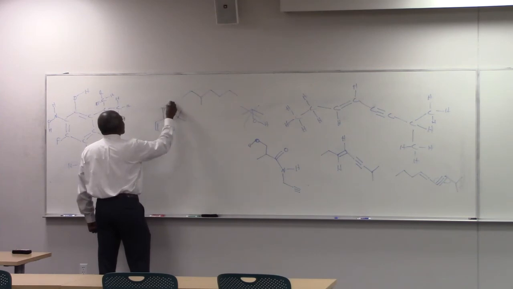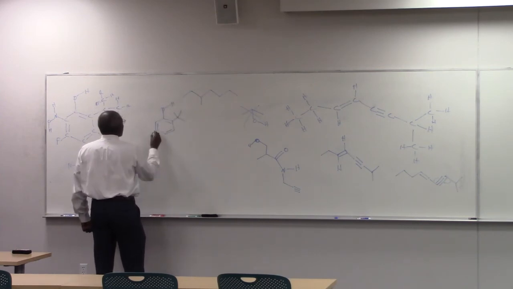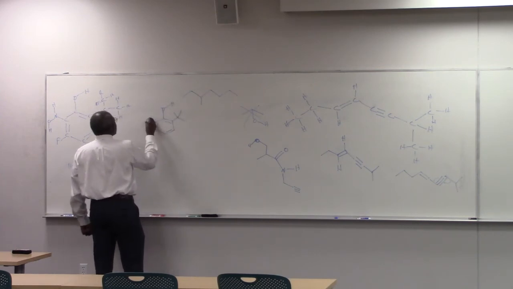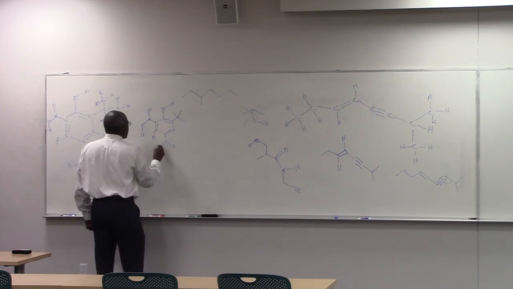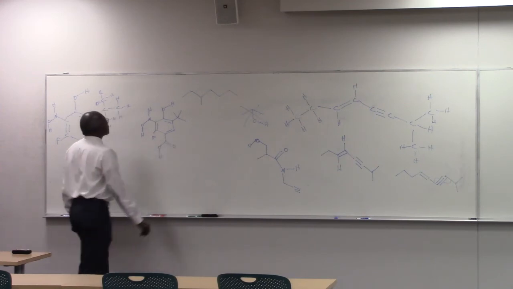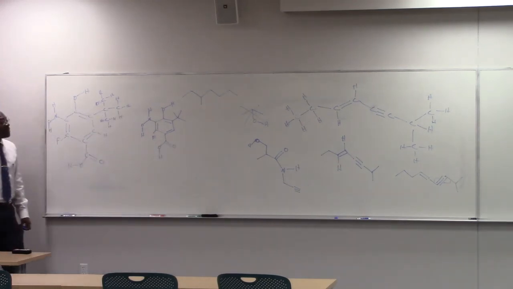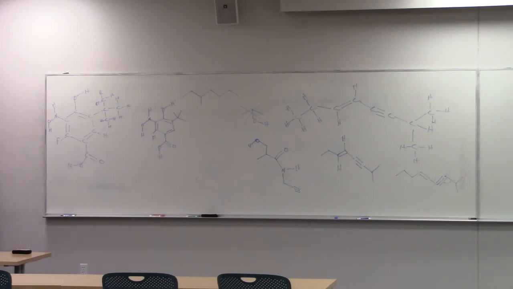I'm going to show the O attached, the H attached to O. I've got an N attached to an H and an OH. I've got an F, and I've got a C double bond O, OH. So that would be the depiction of that compound.